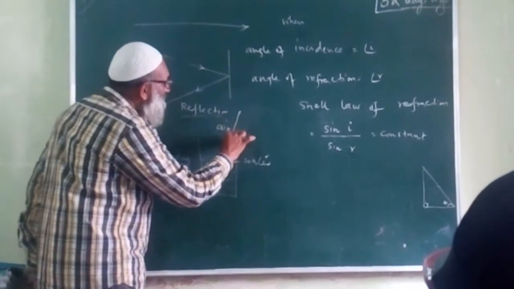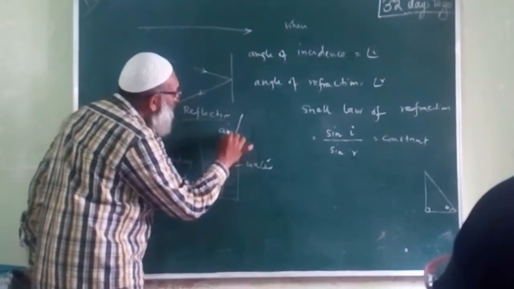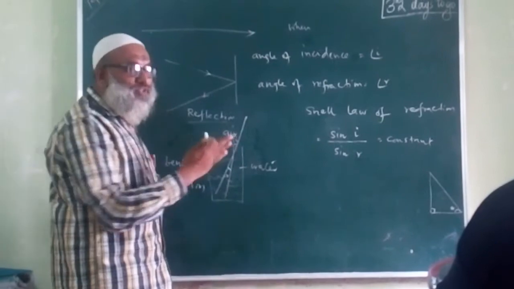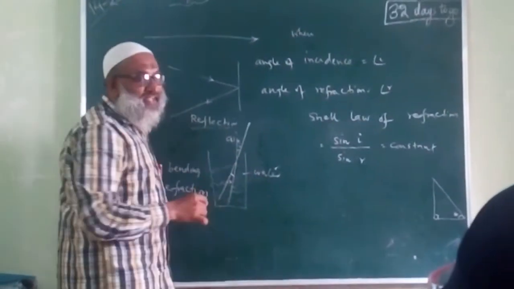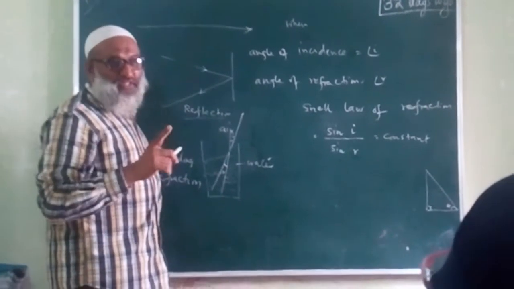See, this is your straight line. If you put a normal, it is 90 degrees. The normal is the flat line at 90 degrees. I will perform one test, inshallah.